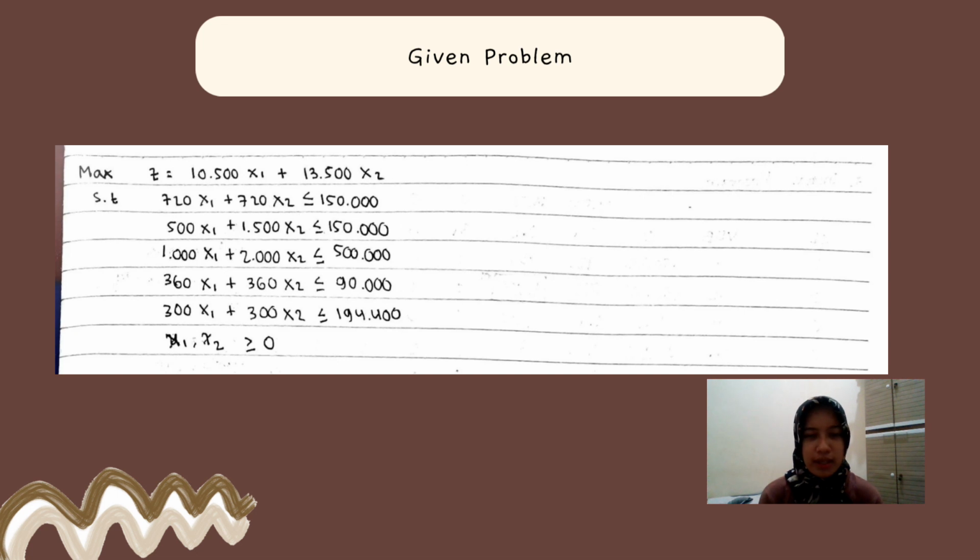From the research, we have a maximization problem with the objective function maximum z equals 10,500 x1 plus 13,500 x2, and here we have five constraint functions: 720 x1 plus 720 x2 less than or equal to 150,000, up to 300 x1 plus 300 x2 less than or equal to 194,500, with x1 and x2 greater than or equal to 0.